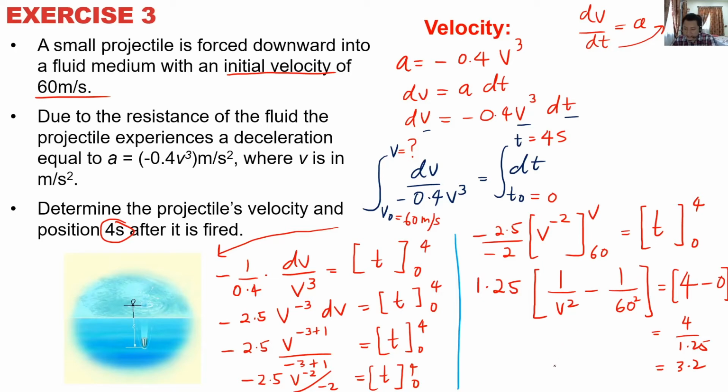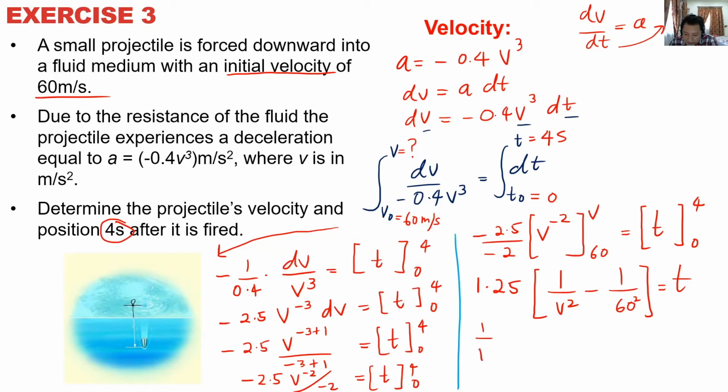But let's check. 1 over v squared. I don't think we should put in values first. Let's leave it as t first and simplify a bit. So t over 1.25.